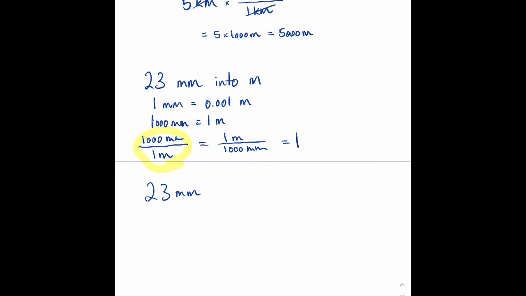But if I multiply by this one, it will give me millimeters on the bottom in the denominator where I can cancel them out. 1 meter over 1,000 millimeters. Cross out millimeters. And I'm left with 23 over 1,000 meters.